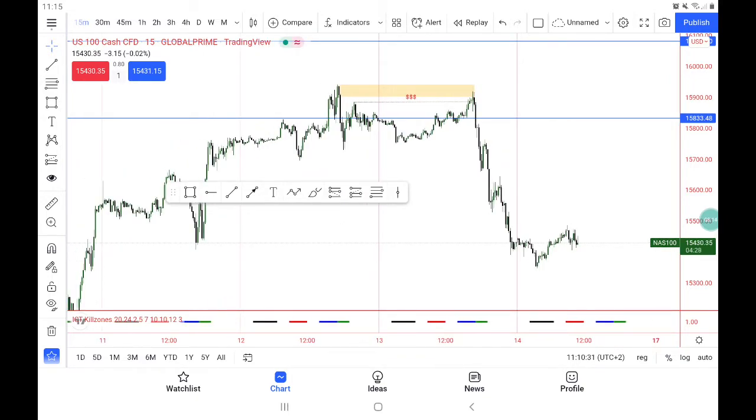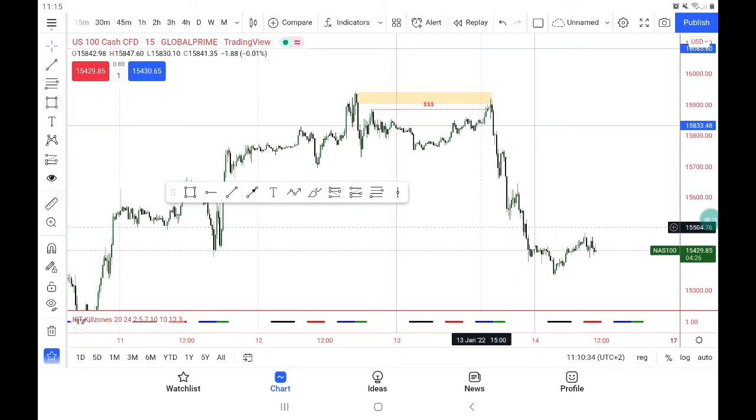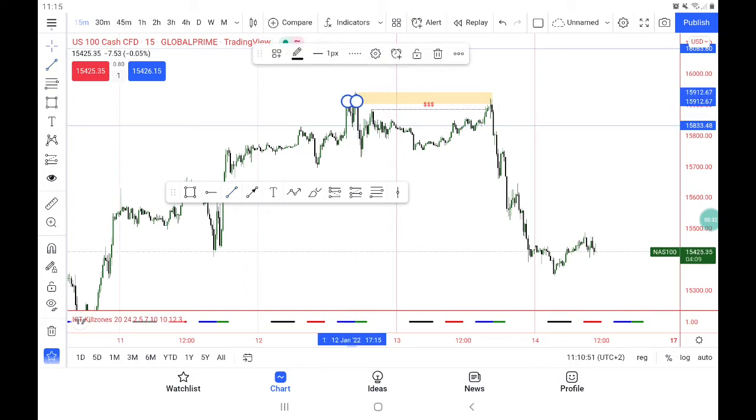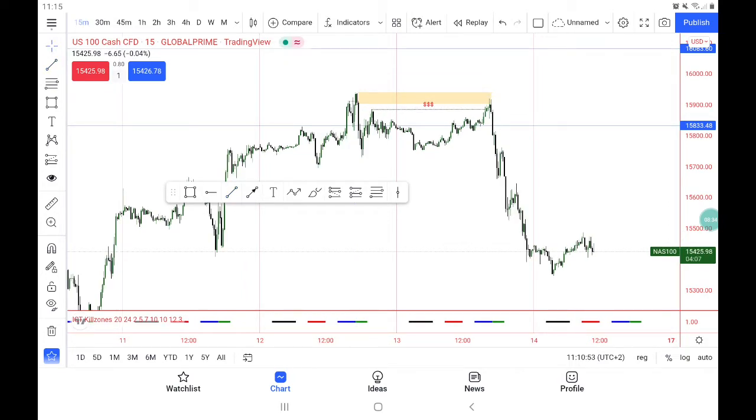So right, this is how you have it. Now you have your liquidity inducement, because now you broke structure here, you broke structure there, you ran the buy side liquidity here. You ran the buy side liquidity, you broke structure here.